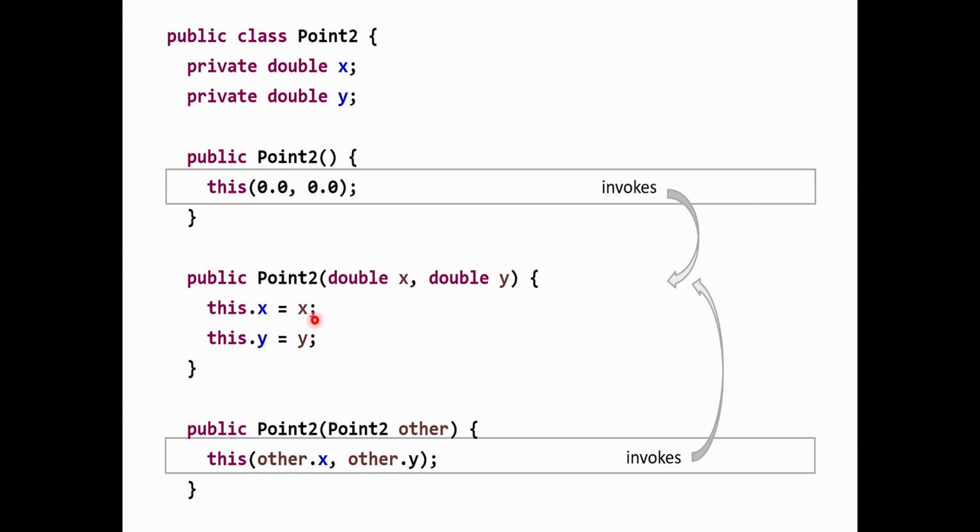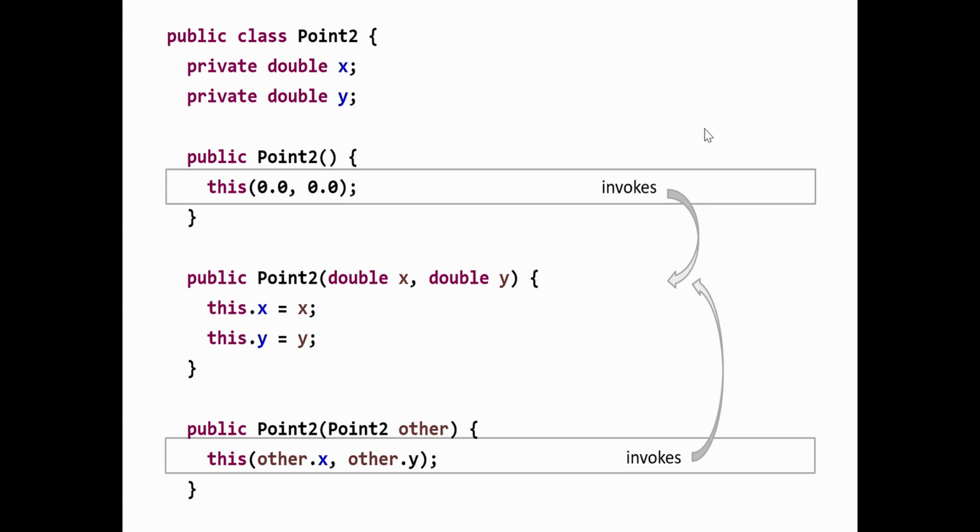This constructor sets this x to other x, and it sets this y to other y. And so that lets you save a whole 2 lines of code. I don't have to write this x equals 0, this y equals 0, and I don't have to write this x equals other x and this y equals other y. So here I can save a small amount of code and reuse the other constructor.